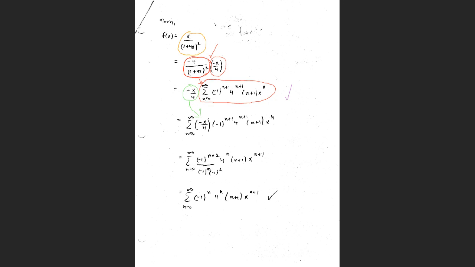Now, negative x over 4 is the same as negative 1 times x divided by 4. So negative 1 times negative 1 to the n plus first power gives you negative 1 to the n plus second power.